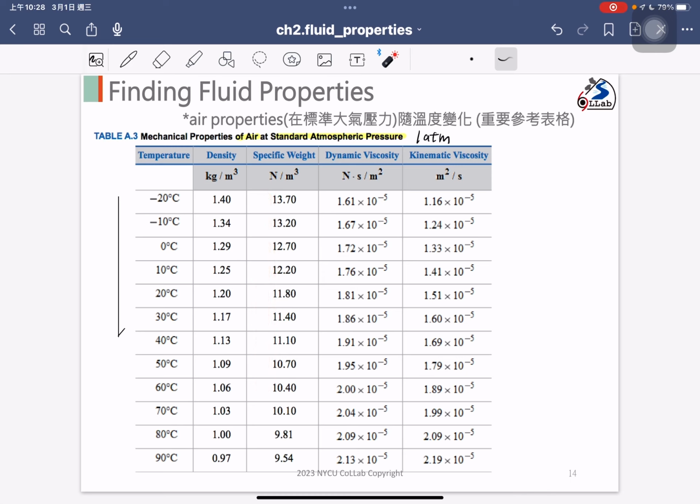But this is for the gas, the air. You can see the dynamic viscosity will increase a little bit, not a lot, when the temperature increases. Okay? And the kinematic viscosity also increases when the temperature increases.